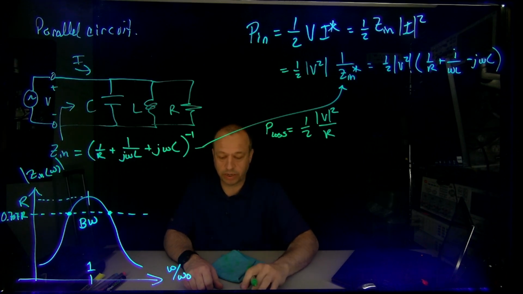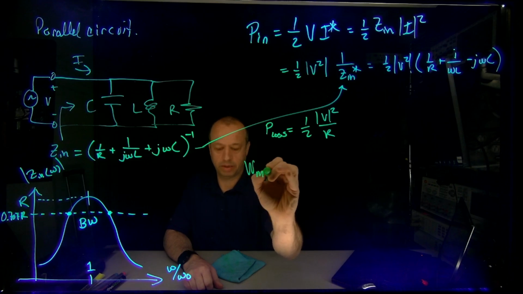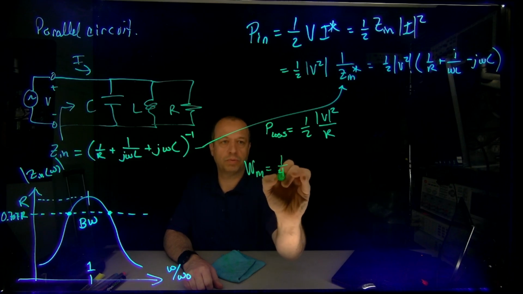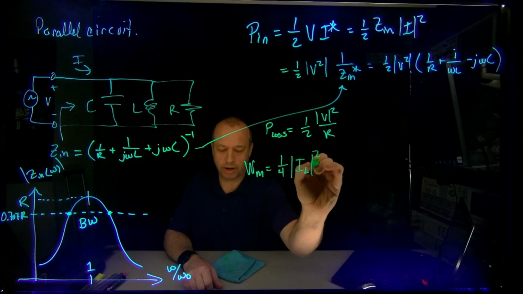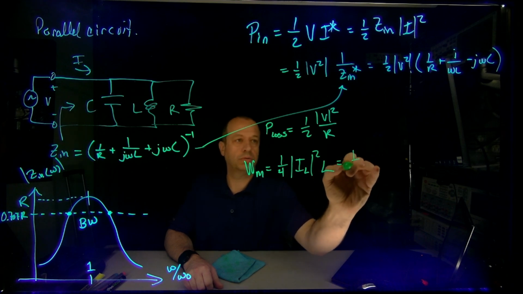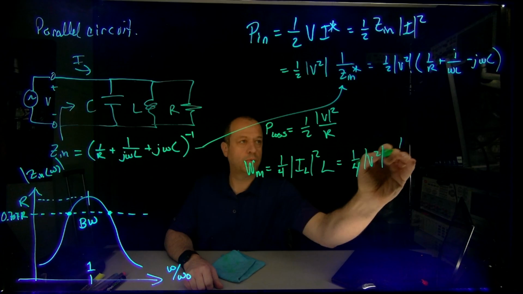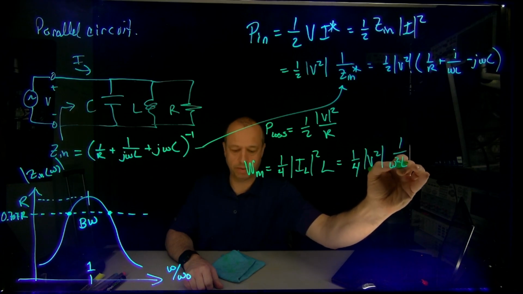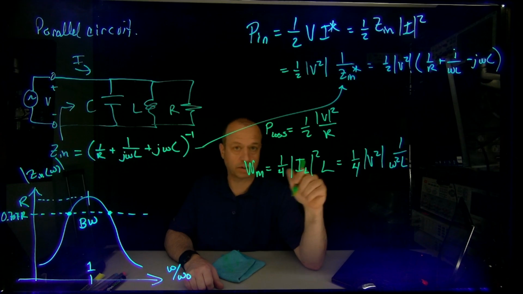My work, based on the average magnetic and electric energy in the inductor and the capacitor, let's make sure we write this out. Wm equals 1/4 I of the inductor squared times L, which is your inductance, which equals 1/4 V squared 1 over omega squared L. And this is the current in the inductor.